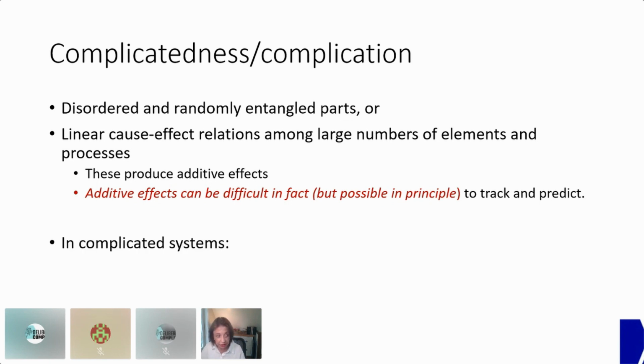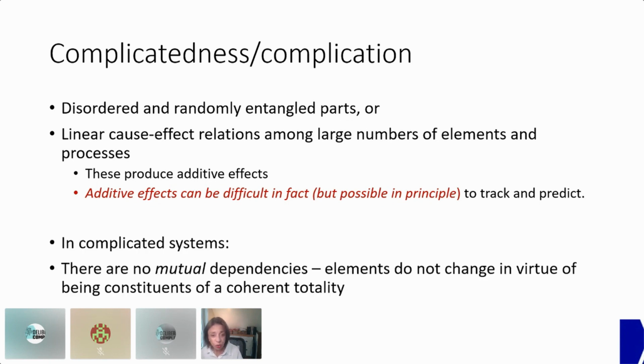But I think what's critical is that in complicated systems, there are no mutual dependencies between the parts or the constituents of the mass or the heap. The elements do not change in virtue of belonging to that mass or that heap. There are no mutual dependencies.